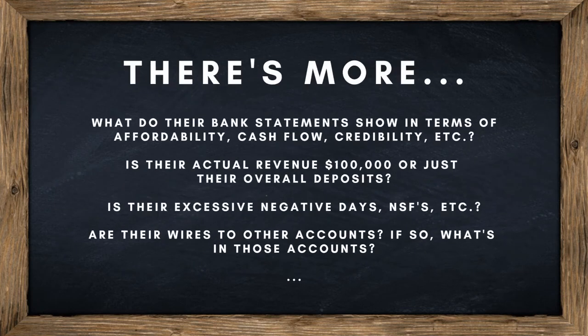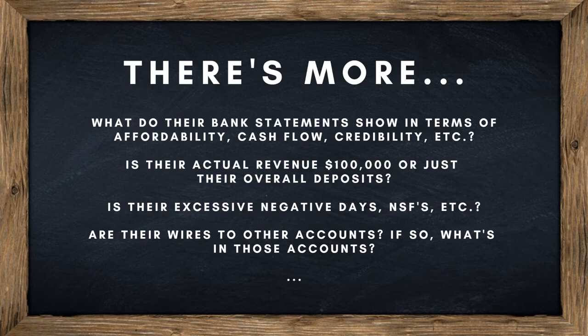Okay? The other thing to understand is that there's other factors that weigh into this, such as revenue, right? If we're looking at revenue with a client, we pull up their bank statements and we see deposits at the top and it says they're doing $100,000 a month in deposits. That doesn't necessarily mean that it's revenue. So we need to look at the line items and ascertain for ourselves, how does this actually work?